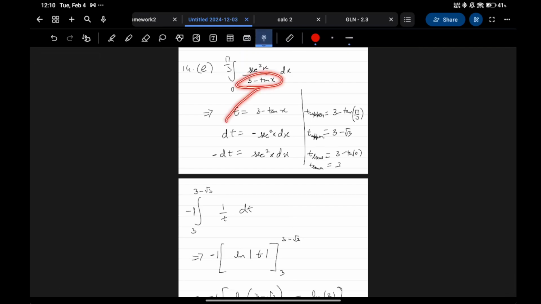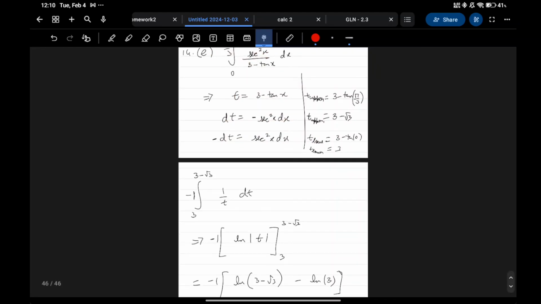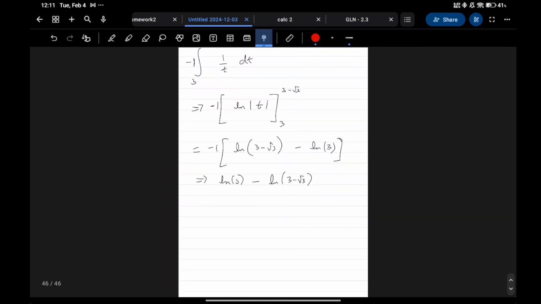Took this as t because I knew that the derivative of tan x is secant square x. dt became negative secant square x dx because of the negative over here. Took the negative over there, replaced it over here, replaced this over here, computed the upper and lower bounds from here, and got this. And then it's just a simple question. Okay. Any questions?